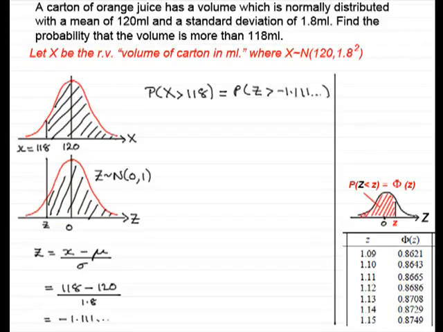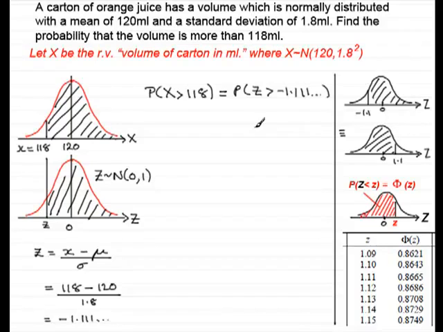What I can do is consider the standardized distribution. We've got this value of z being minus 1.1 and so on, and we're after this area here. But what we can do is mirror this value into another standardized distribution, across to the other side, to this value here of plus 1.11, and that area would be the same as this area here.